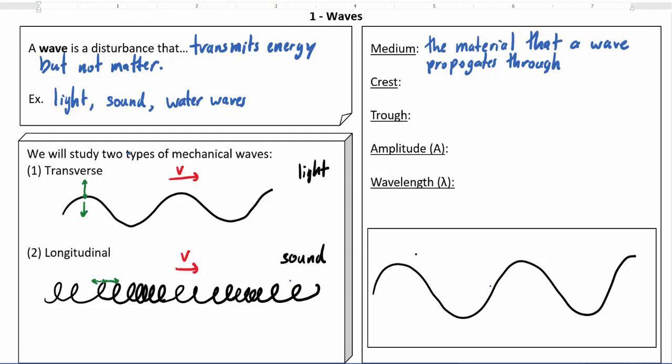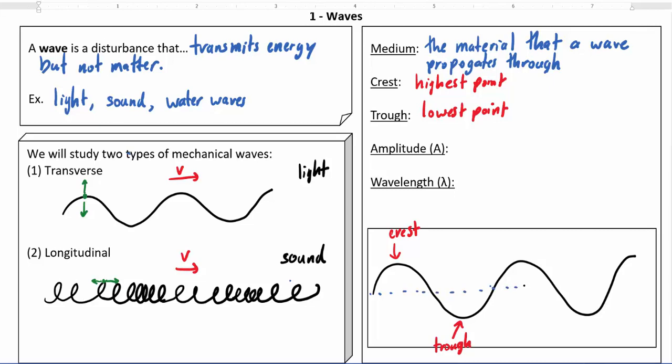On this wave here, we have crests and we have troughs. The crest is the highest point, and the trough is our lowest point. In addition to the wave itself, you can also imagine that this wave has an equilibrium point.